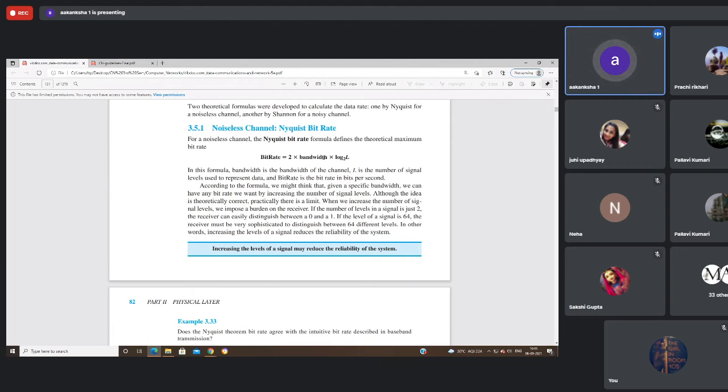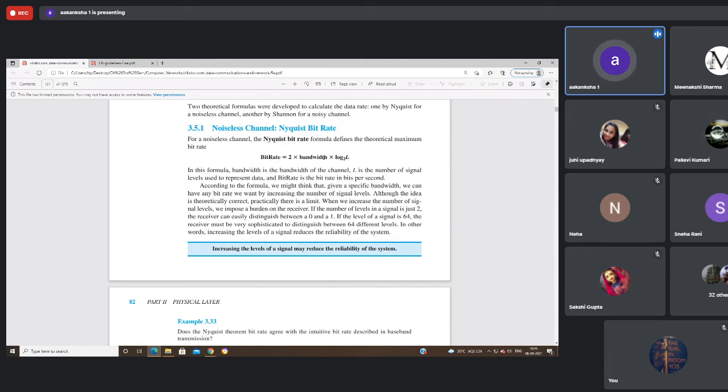But theoretically, suppose I am using 8 levels for signaling. How many bits can I represent with a single number? You have done the binary number system? 8 can be represented in how many bits? 7 can be represented in 3 bits.